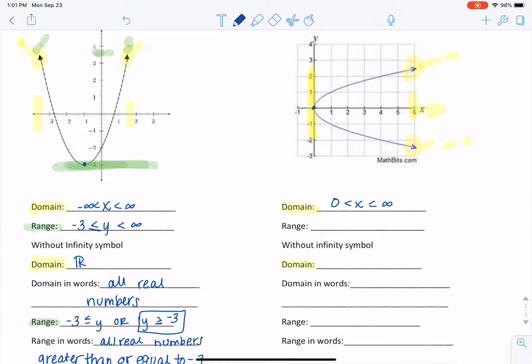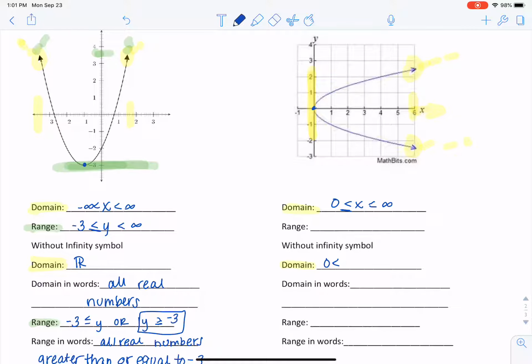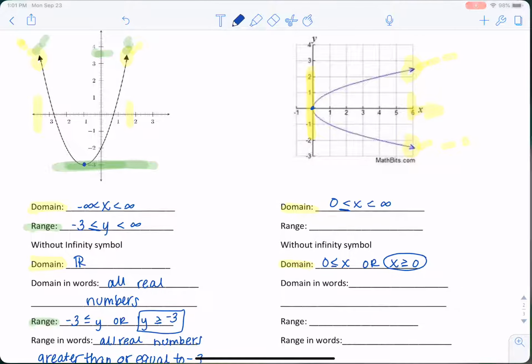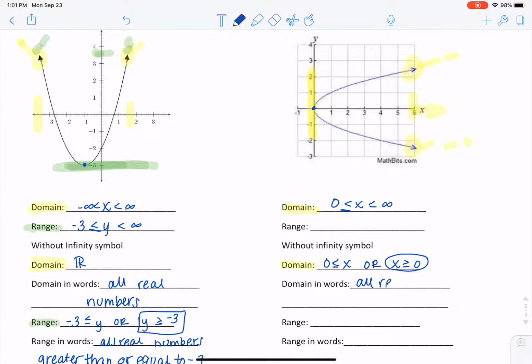Because there's a normal solid point at 0, I have to include that in my answer, so draw the equal sign. So without the infinity symbol, I say that 0 is less than or equal to all of my X's. Or, to write the letter first and the 0 second, we have to flip the inequality around, and we use that one. So we have all real numbers greater than or equal to 0.